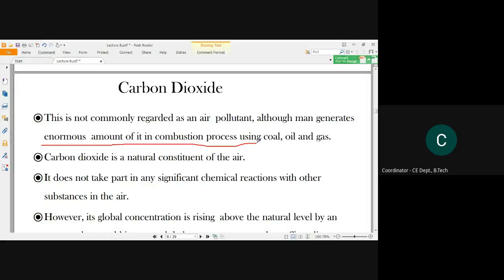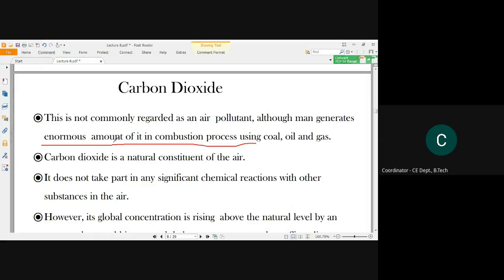As I said, this is not harmful until it replaces the good gases which are actually contributing the good part in our environment. It will create harm in those scenarios.